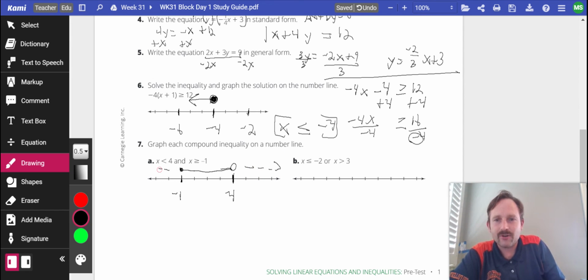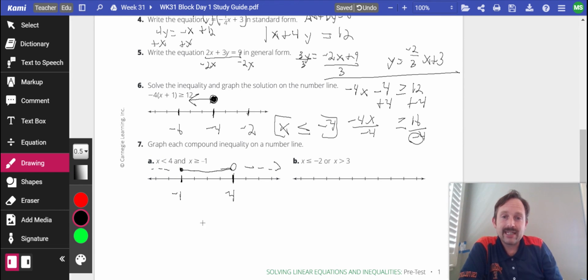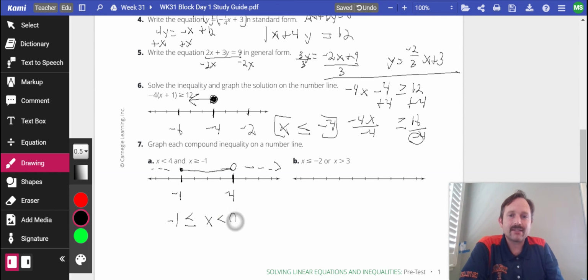And technically, this is going to go this way, but we need where are both. So the answer is going to be this shaded region right here. x is bigger than or equal to -1, but less than, not 0, less than 4. That's in compact form right there.